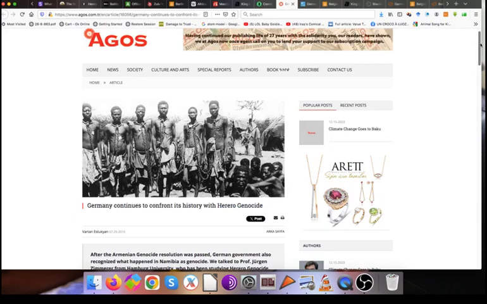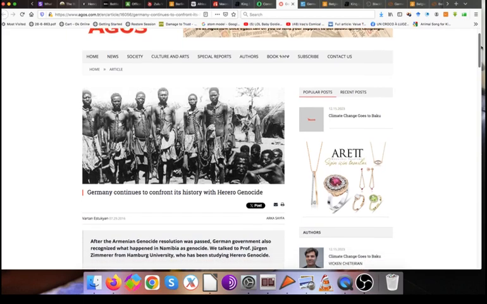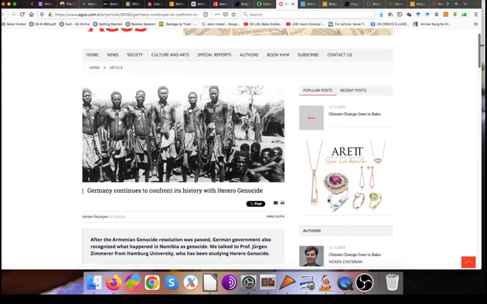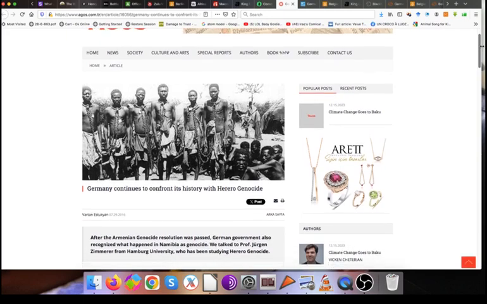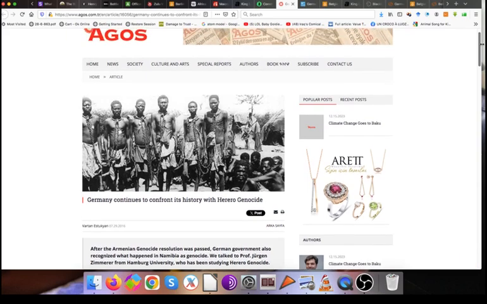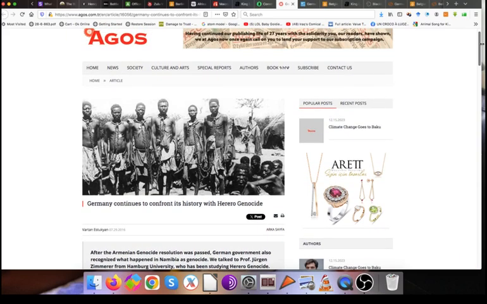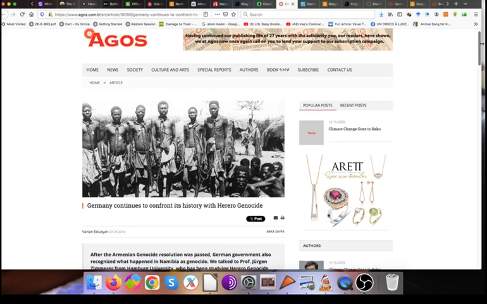General Lothar von Trotha's forces, between 1904 and 1907, rounded up the Herero and Nama ethnic groups who resisted German rule, and they used concentration camps where those incarcerated were subjected to inhumane conditions.